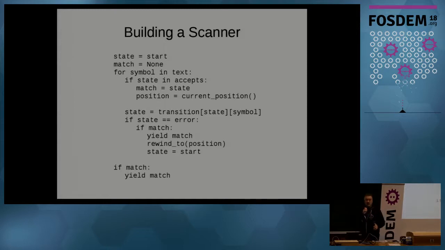And if you did see an accepting state, you say, I found a token, I'll return it, and then I'll rewind back to where that token was, and I'll start again. So you don't go through the DFA just once to tokenize. You go through one time for each token, and this is the basic approach. But again, it's not much code. It's very, very simple.